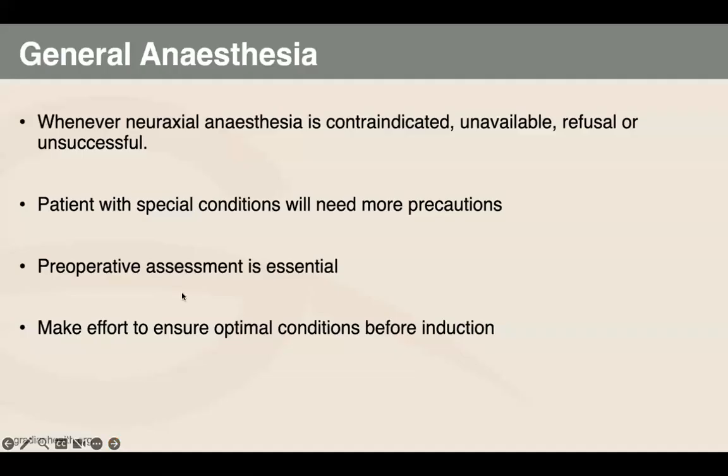Thank you. Good afternoon, good evening, everyone. I'm going to take the next section, which is on principles of general anesthesia in obstetrics. Whenever neuraxial anesthesia is contraindicated, unavailable, or the patient refuses, general anesthesia is indicated.